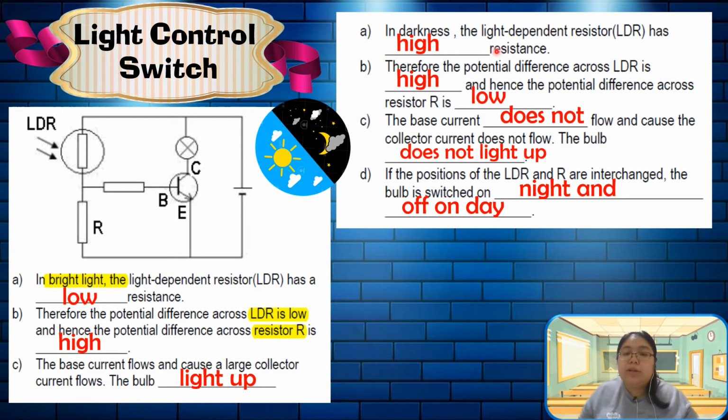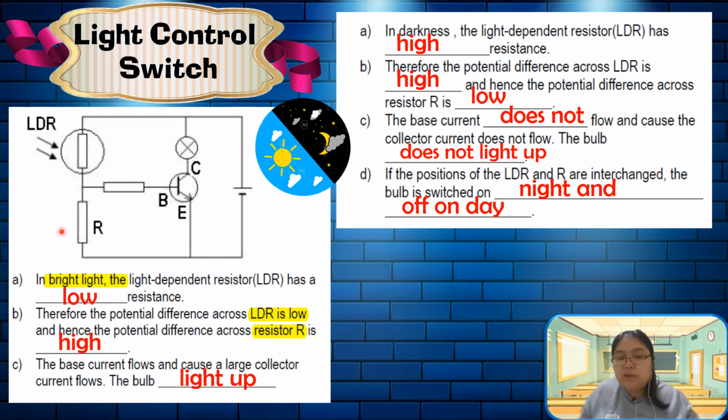Now we see what happens during the night in this situation. During the night, the LDR resistance automatically increases. So now high resistance, therefore it gets high potential difference. How about the resistor? The potential difference across this resistor becomes very, very low.